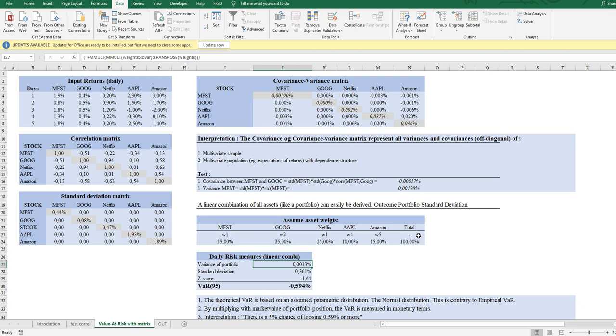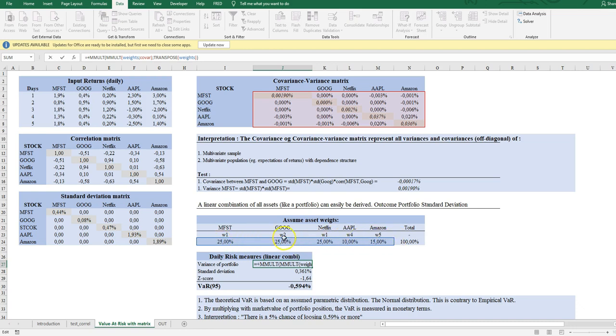So the way I calculate this is to take the range of weights and multiply it by the covariance matrix, and then I multiply it again with the transposed weights.